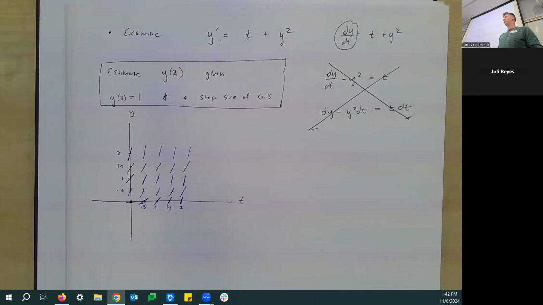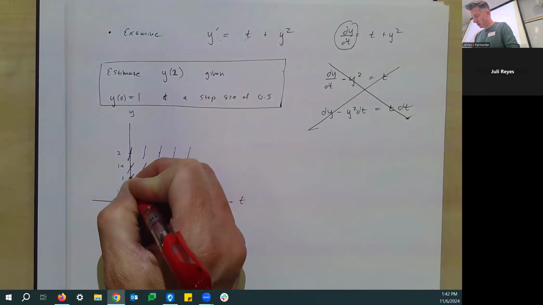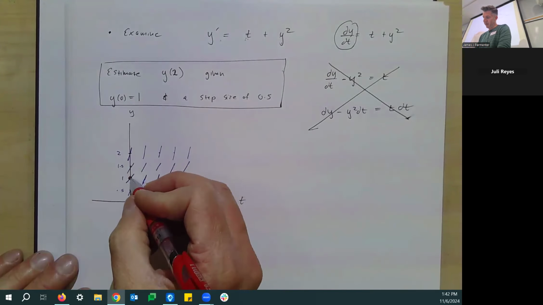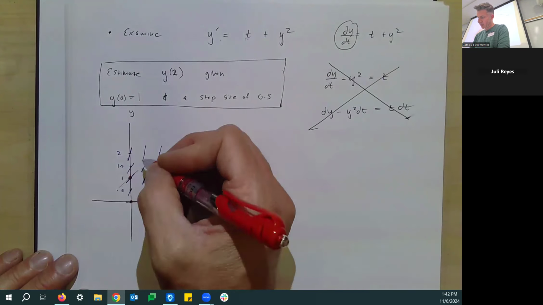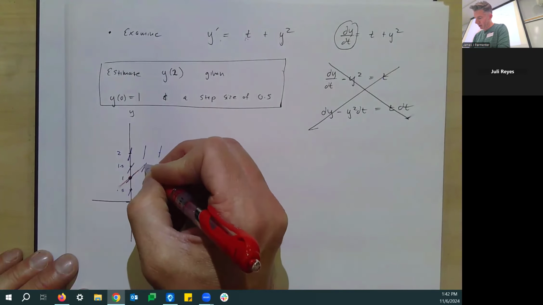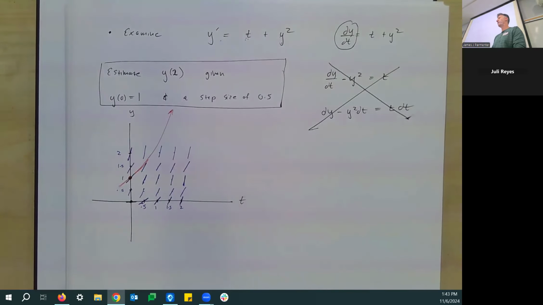The point here is that you could then try to estimate a solution curve. If I start at y of 0 equals 1, so if I start right here, then I should be going in that direction. And if I move over a little, I'm going to be a little bit steeper. So I'm going to go up like that and then over more. That's the idea of using a direction field to estimate a solution given an initial condition.